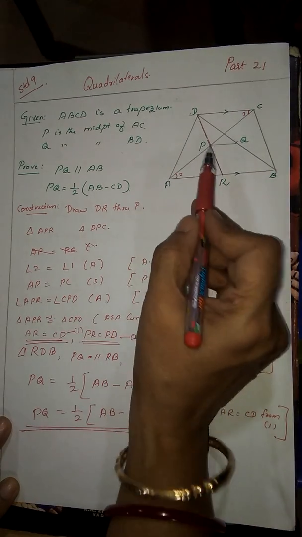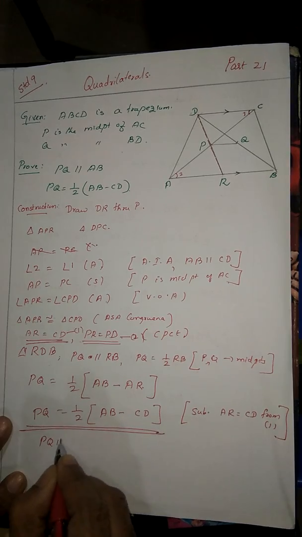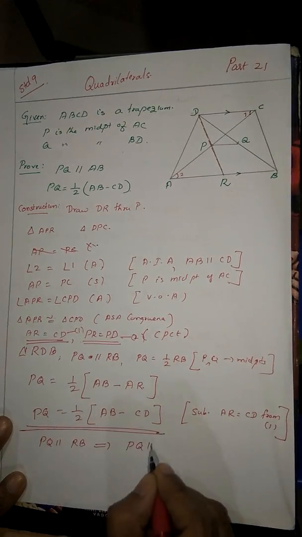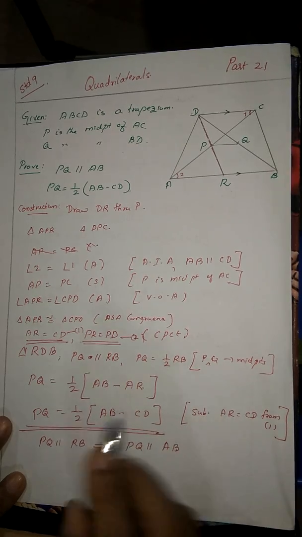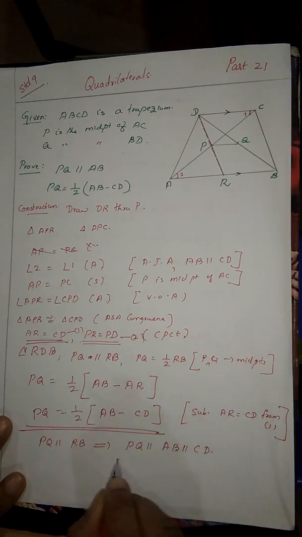Now we also got PQ is parallel to RB. That means PQ is parallel to AB and it is also parallel to CD.